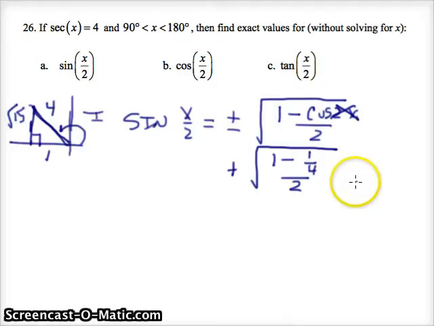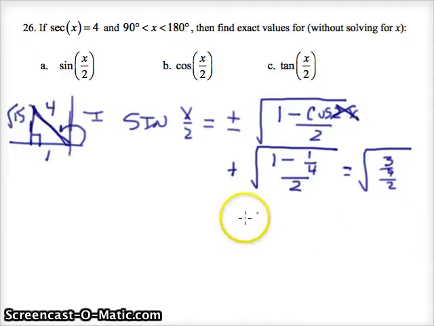Now we just got to play with working this out, and each radical is a little different. I'm going to say 1 minus 1/4 is just 3/4, over 2. To take half of a fraction, half the top would double the bottom.